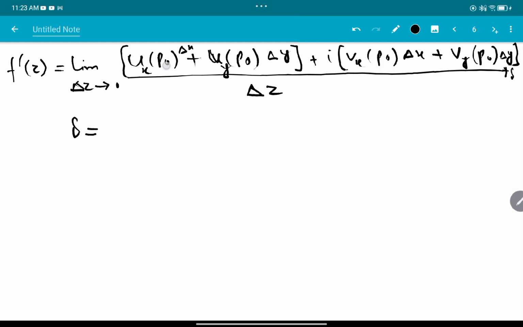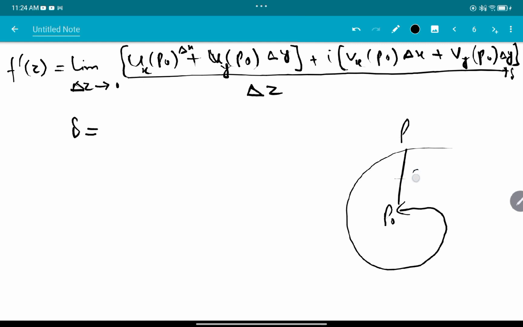In the first case, how much error did we commit? As you remember, it is better to show it once again here. P naught, this is P, this is Q1 here. Similarly Q2 then. Now I had to write ux Q1, but I wrote ux P naught.